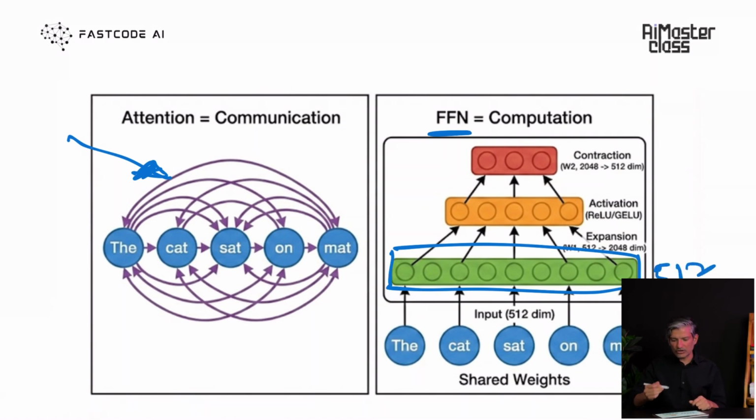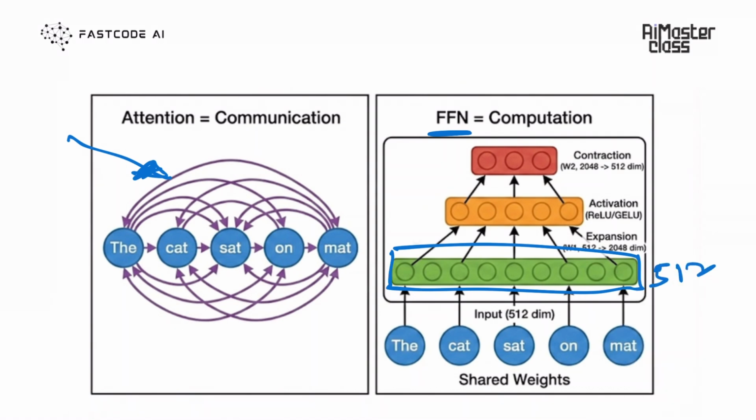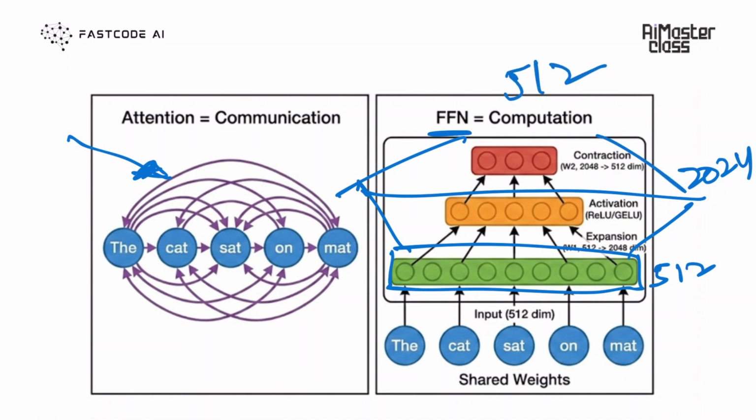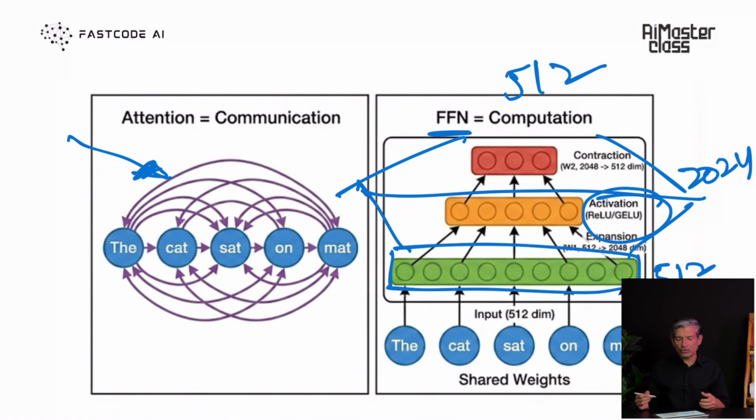The way it usually worked in the original paper is you go up: for 512, you go to 2048, and then from 2048, you come back to your 512. Also, you use an activation in the middle, you use a ReLU, you use a GELU, you use some other nicer activations which we will talk about. But essentially, this is the FFN.